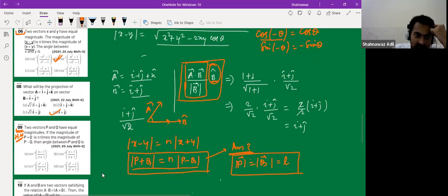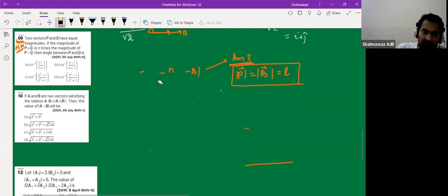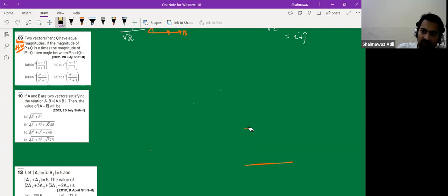Now let us do this problem, and then this class will be over. Okay, so if A and B are two vectors satisfying the relation, A dot B, so dot product, and the cross product, right?